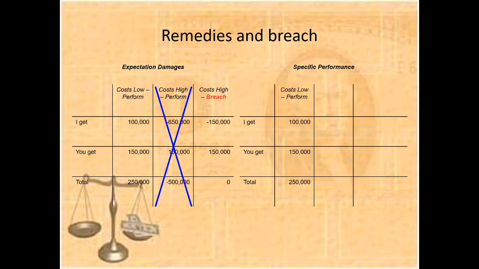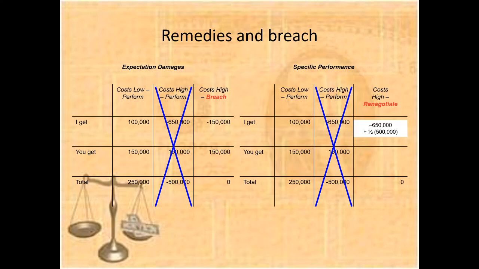In the specific performance, if you analyze, same: cost low, minus perform 2.5 lakhs, cost high, performs. So if cost is high, renegotiate, then you will talk about it. And then you have this thing that is -4, +4, so 0, 0.